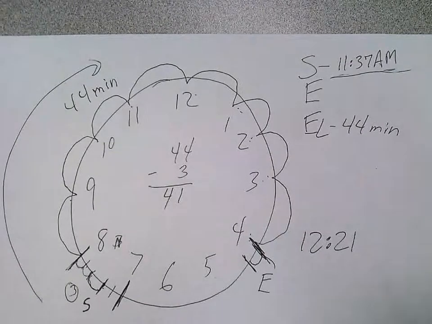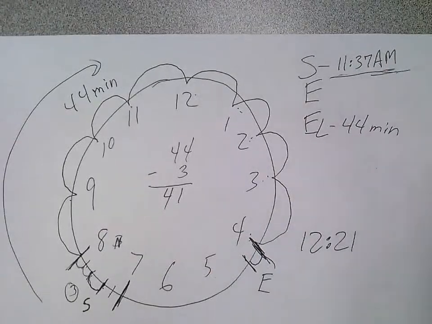Now the question here is, is that AM or PM? As we mentioned before, AM is at morning. So AM goes all the way up until noon. PM is past morning. PM goes all the way up to midnight. So if I ever cross a noon or a midnight, I'm going to change AMs and PMs.